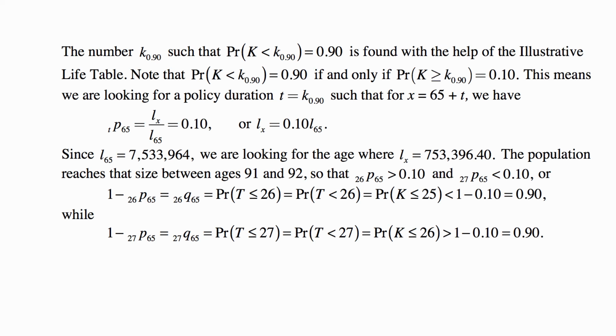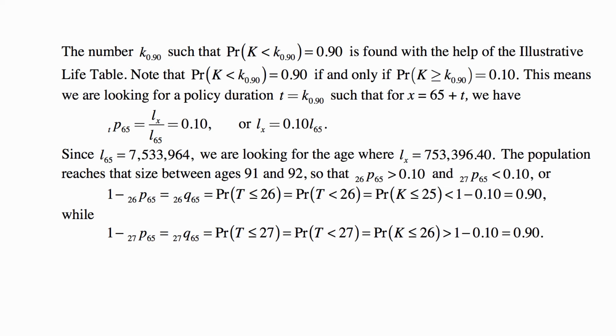And we're going to do this using the illustrative life table because it tells us about the probability of living to various ages. Now, K.90 being a 90th percentile is the same as the probability of K being greater than or equal to K.90 being 0.10.